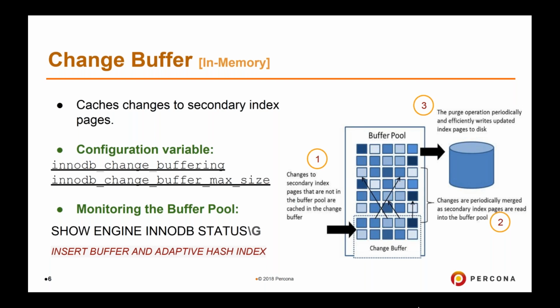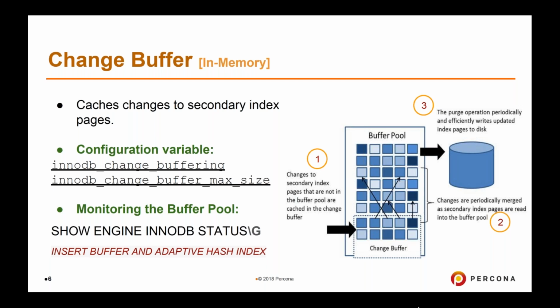Change buffer is a part of your buffer pool, and what it does is this: when we store data for a cluster index or a primary index, our index and data are stored on the same leaf. So it is very easy, if you're changing your cluster index data while writing it, it can immediately make the changes in the index as well.